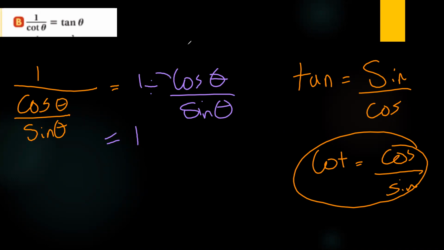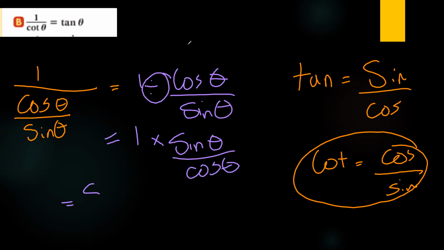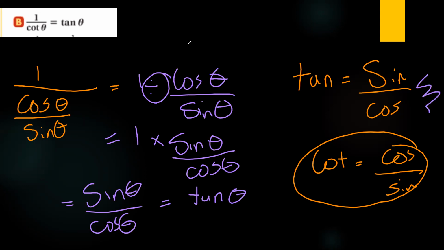That means 1 keeps, change divide to multiply and write the reciprocal of cosine over sine, which is sine over cosine. And we know that sine over cosine is tan from here. That's what you wanted to prove. Is it clear? Yes.